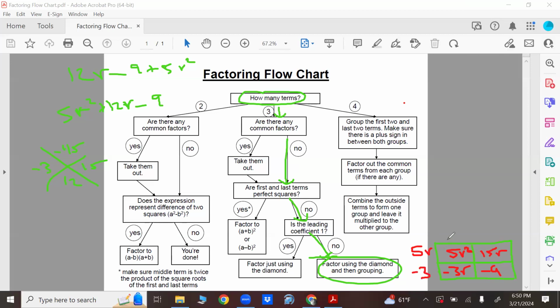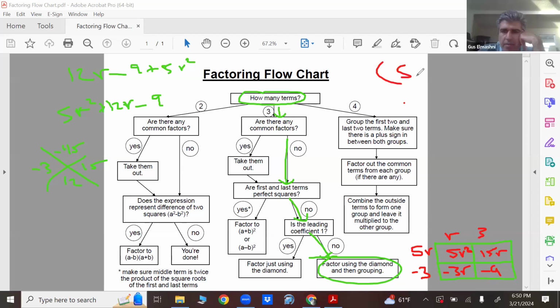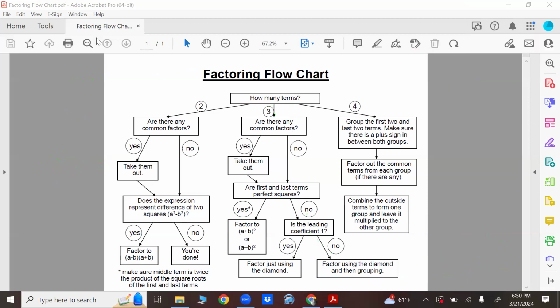And then what do you multiply the 5R by to get the 5R squared? Just R. What do you multiply 5R by to get the 15R? 3. Perfect. There you go. It's a very streamlined process. Very clean. Okay, let's clear that and do it one more time.